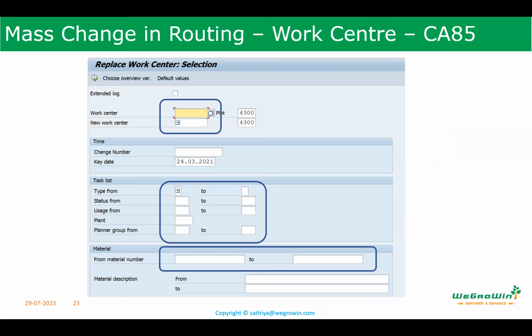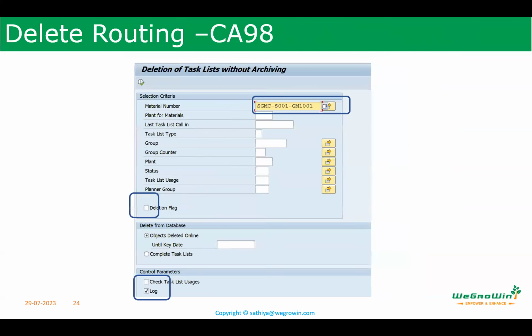But now I am going to replace this work center with another work center because of some improvement in the shop floor or something like that. Then I can use this option, CA85. There are various options there. You can explore them. If you want to delete the routing, there is a deletion flag on the individual routing, but we can also do it here through the transaction called CA98. Also, we have various options of materials to enter.